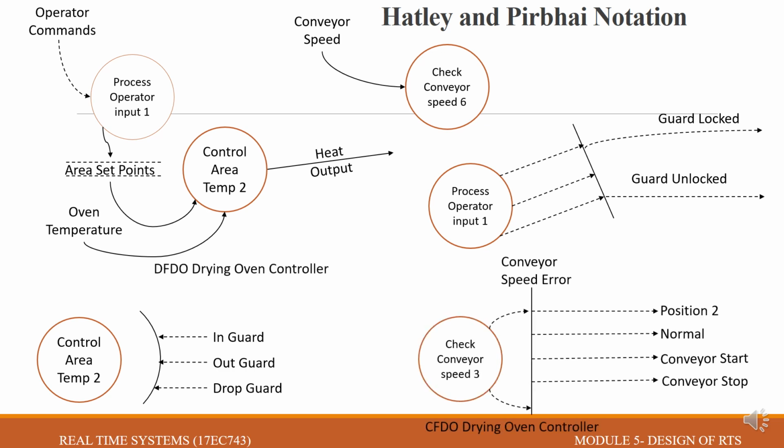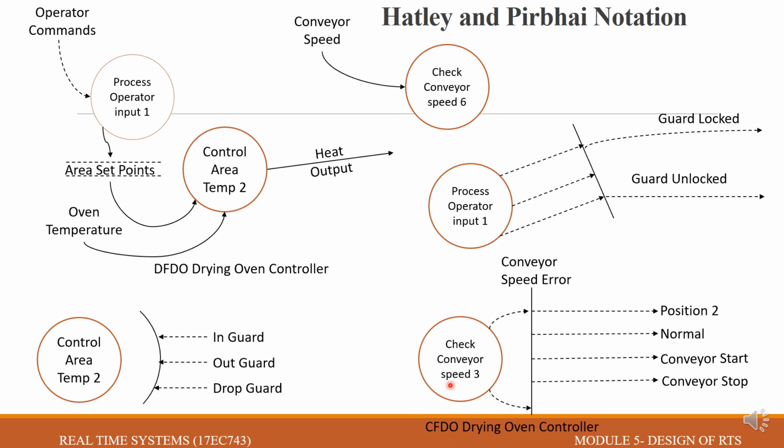This is the DFD notation. You can see how the DFD notation looks. And the CFD for the drying almond controller is represented here. The CSPEC is represented by a bar, and there is no process activation information shown in the diagram.